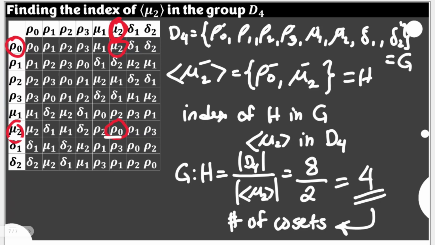Okay, so as to what are these cosets, it's not captured by this specific video, but that is actually the hint on determining the number of cosets. So this is how we show the index of the subgroup generated by mu sub 2 in the group D sub 4 using this formula.